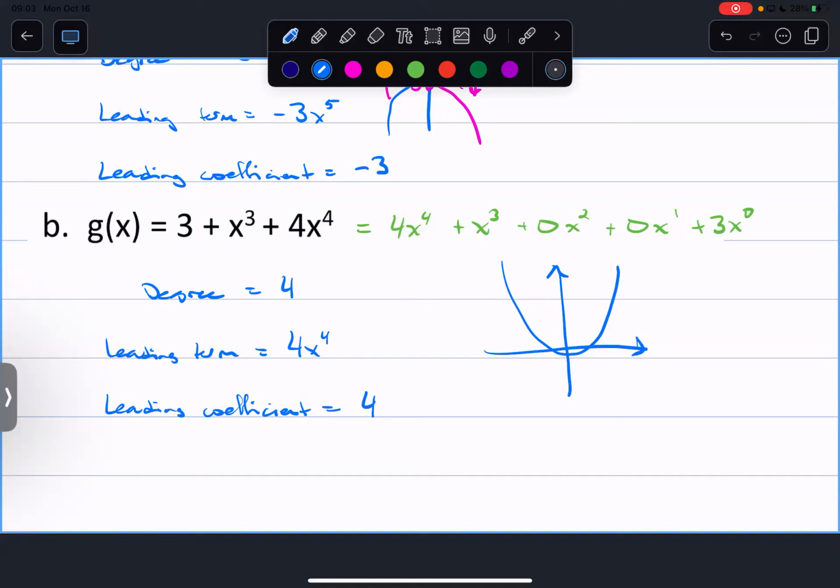It's got a positive leading coefficient, so it stays upright. There's no flip. So now this is going to be the long run behavior of this thing. The x to the 3 does a little activity in the middle that we'll deal with, but overall the long run behavior is going to be that of x to the 4. Okay.